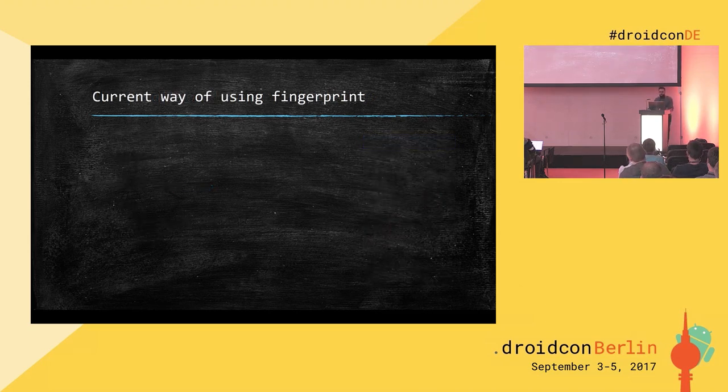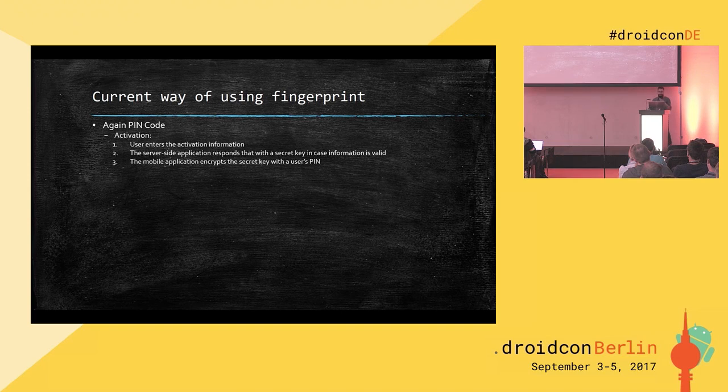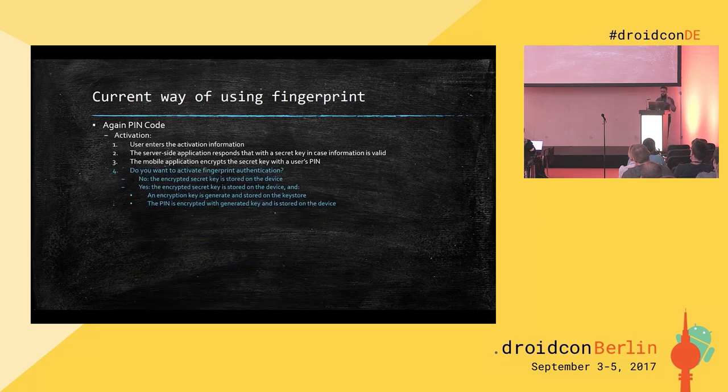Okay, now, what I have experienced in our test is the way developers currently use fingerprint authentication. In the first step, in activation, the first three steps are the same as the past. The user enters the information, the server-side application returns the secret key, and in the next step, the application asks the user if you want to enable fingerprint authentication or if you want to use the PIN code the same as the past.